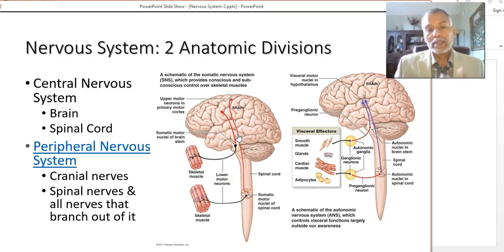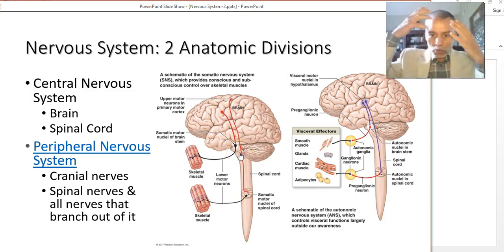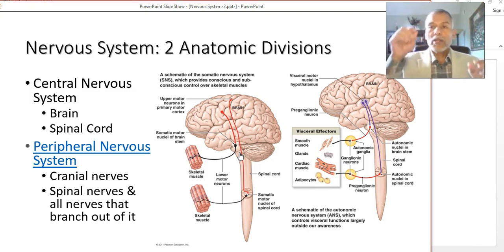The whole idea is, let's take it on a different level. If you think about the brain as a hard drive, and you want that hard drive to control the rest of the body, you have to bring in extensions from that hard drive to different parts of the body.